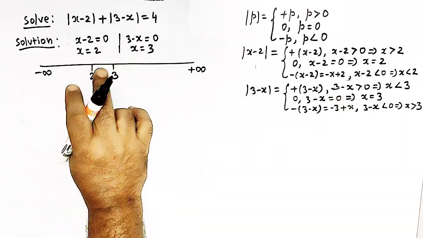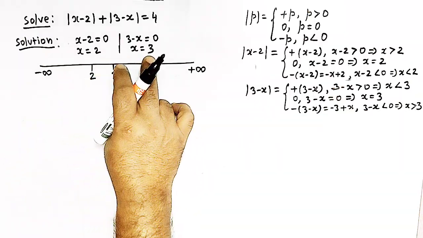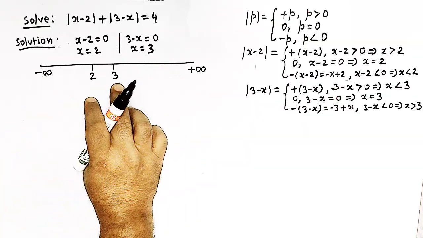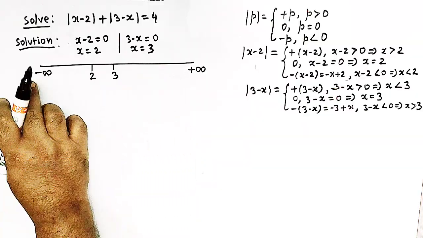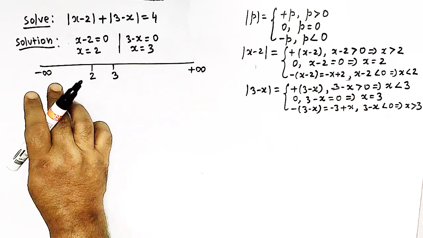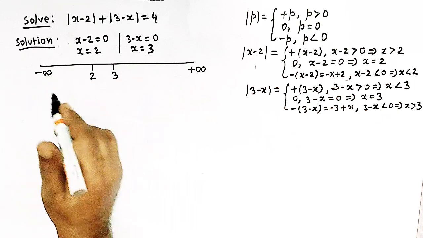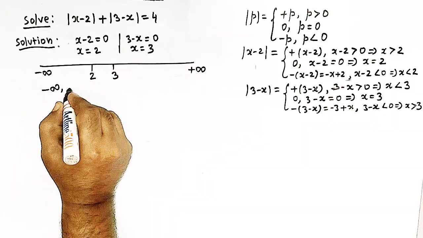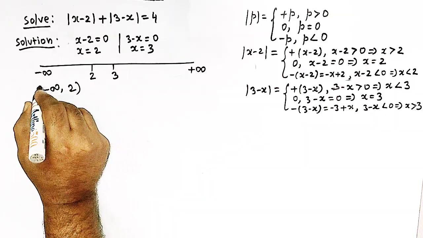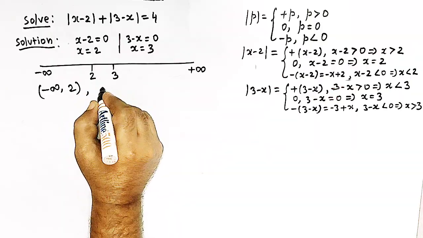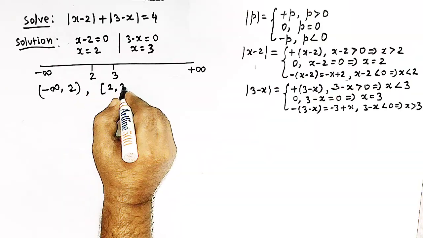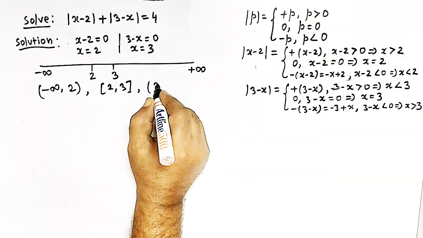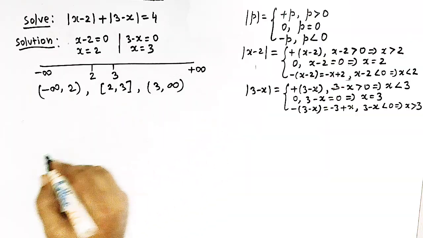When we locate these two points, we can see that they divide the entire real number line into three intervals. The first one is from minus infinity to 2, the second one is from 2 to 3, and the third interval is from 3 to infinity.